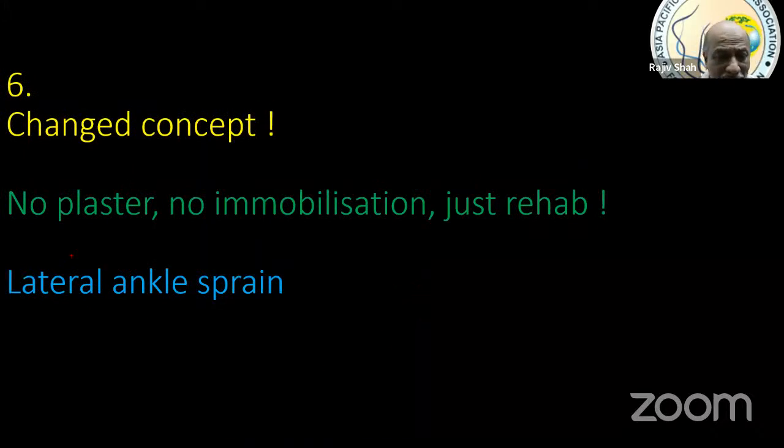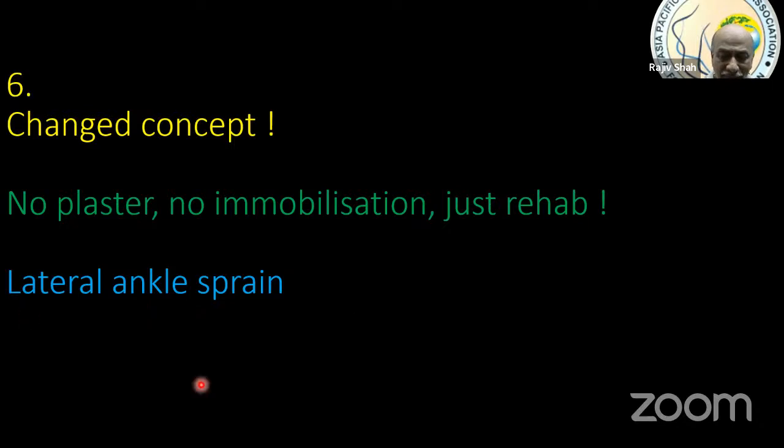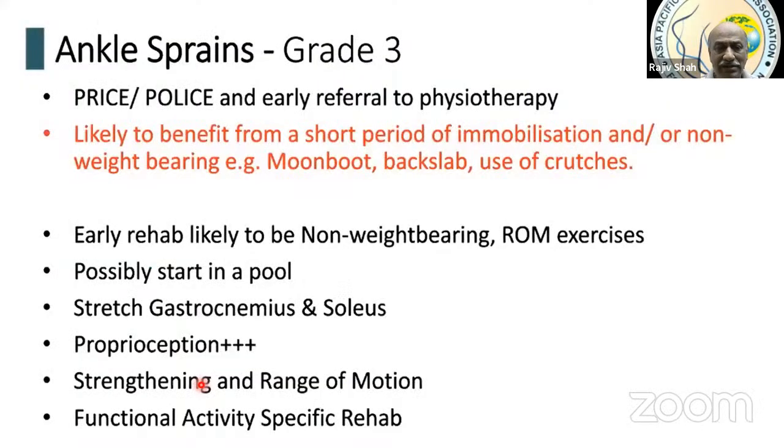Typically, in the last to last session, I think somebody was asking about the plaster for lateral ankle sprain. No plaster. It is early mobilization and rehab, which is a change in concept. For ligament injury, you don't immobilize. You just give a mediolateral brace and mobilize this patient fast.